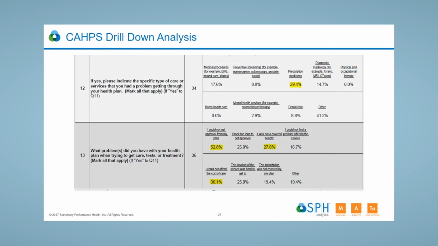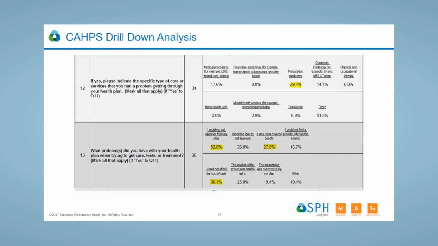And then we asked an additional question, what kind of problems did you have with your health plan when trying to get care, tests, or treatment? And first of all was, I couldn't get approval from my plan, so they were trying to get coverage for something that wasn't covered. It was not a covered benefit, and then as well, I could not afford the cost of care.